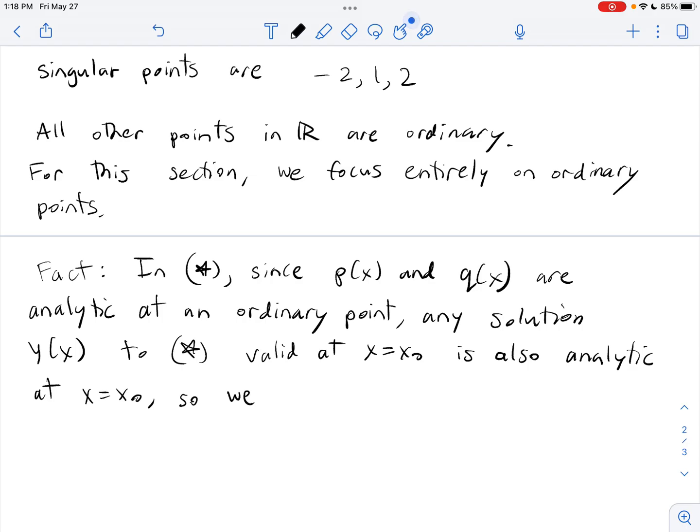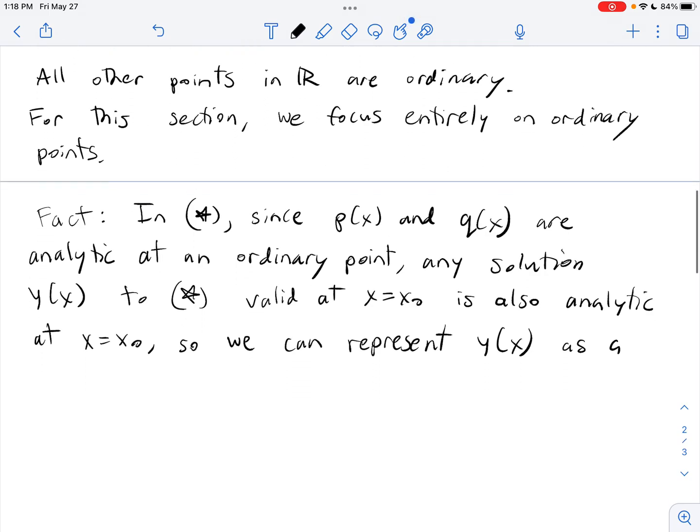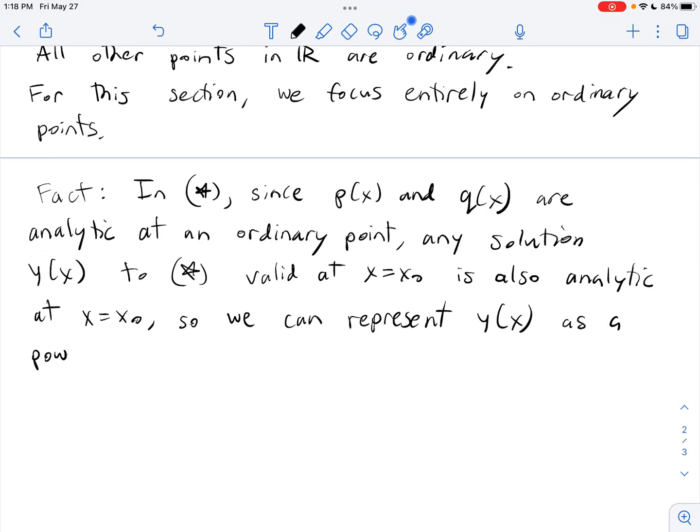So we can represent our solution as a power series centered at x equals x naught.